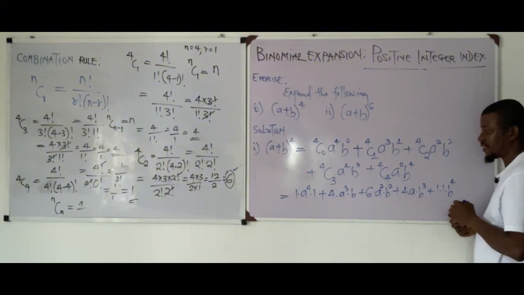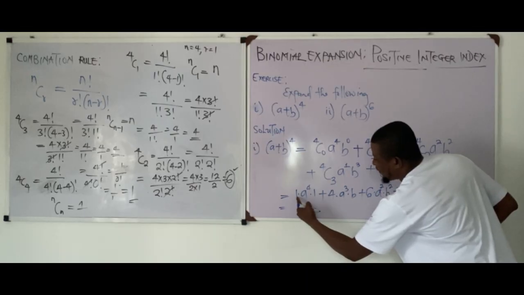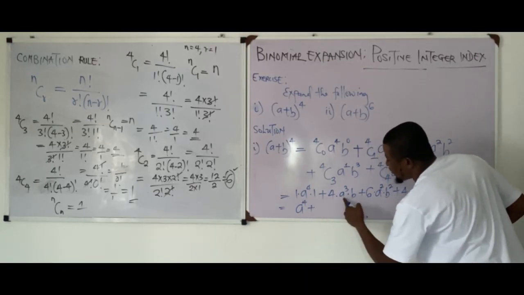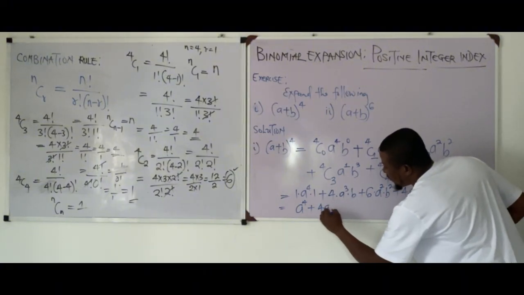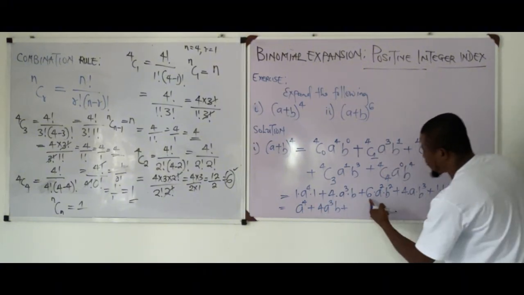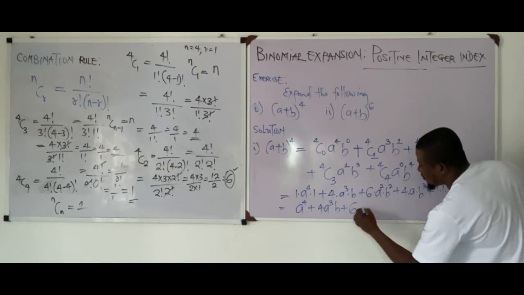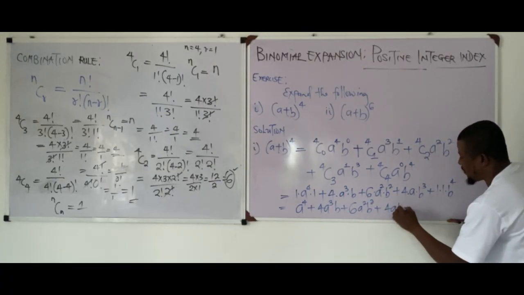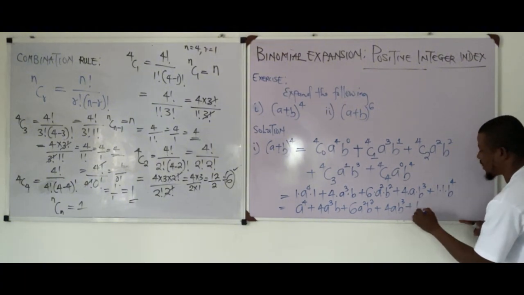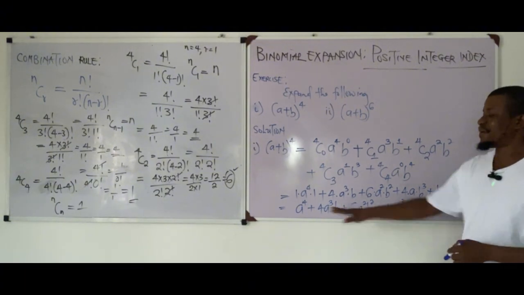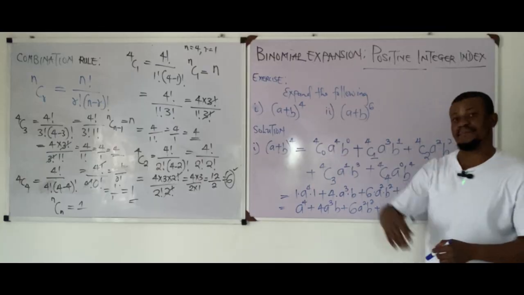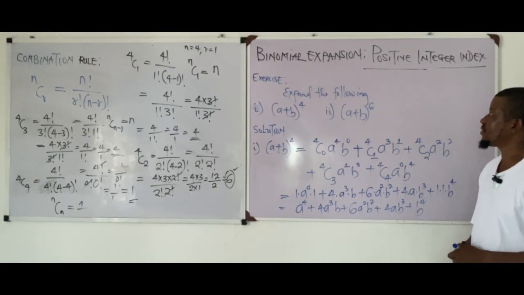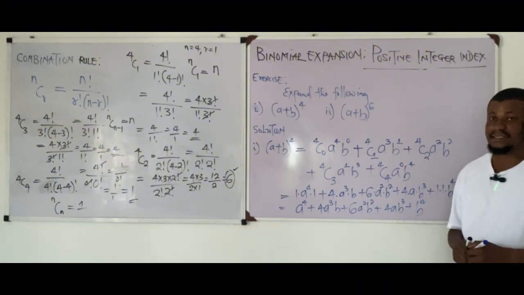If we continue, multiplying this out, we have a to the power 4, plus 4a cubed b, plus 6a squared b squared, plus 4ab cubed, plus b to the power 4. And this is the expansion of this problem, using our binomial expansion theorem for positive integer index.